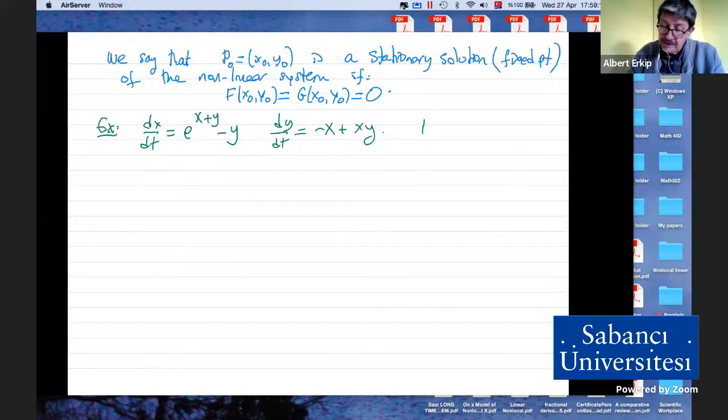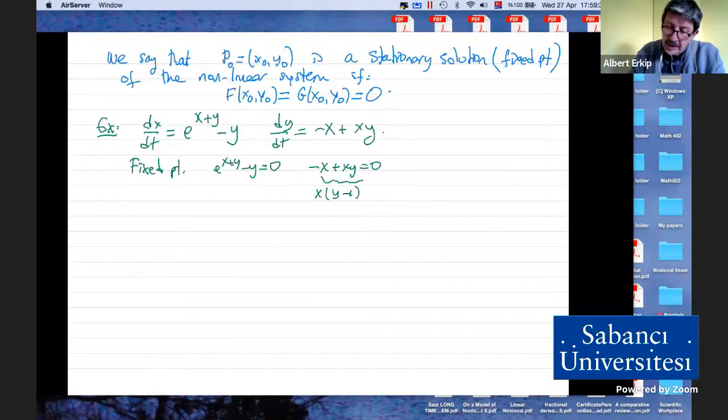If I want to find the fixed point, I have to solve e^(x+y) minus y equals 0 and minus x plus xy equals 0. Now the second one gives me x times (y minus 1) equal to 0, which gives me x equals 0 or y equals 1.